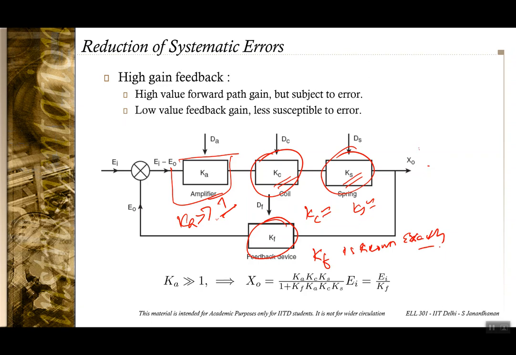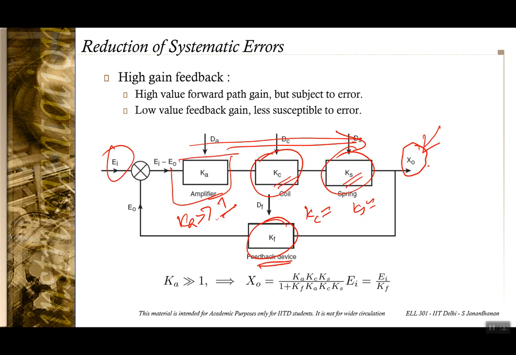Now the measurement that you have is XO. If you connect in a manner such that this amplified output is fed back by a negative feedback device Kf, the overall relationship between your EI, the input that is to be measured, and the output indication XO would be given by this expression.